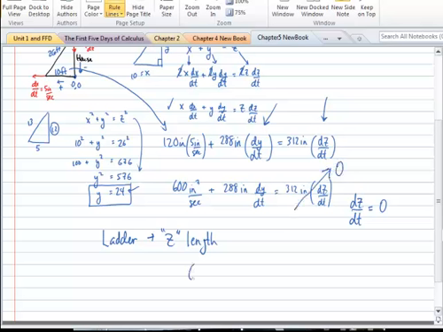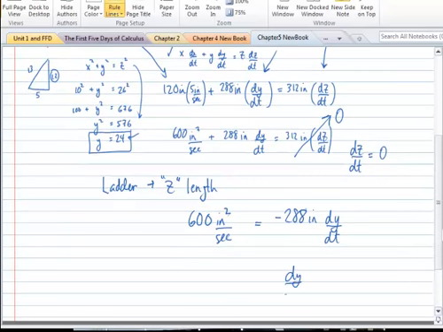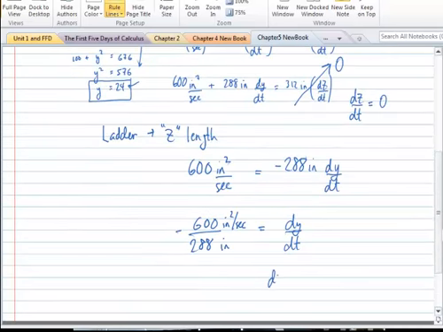Now we have 600 inches squared per second, and that equals negative 288 inches times dy dt. When we solve for this by division, we get 600 divided by 288. This is going to be inches squared per second over inches, so our units will work out nicely to be inches per second.